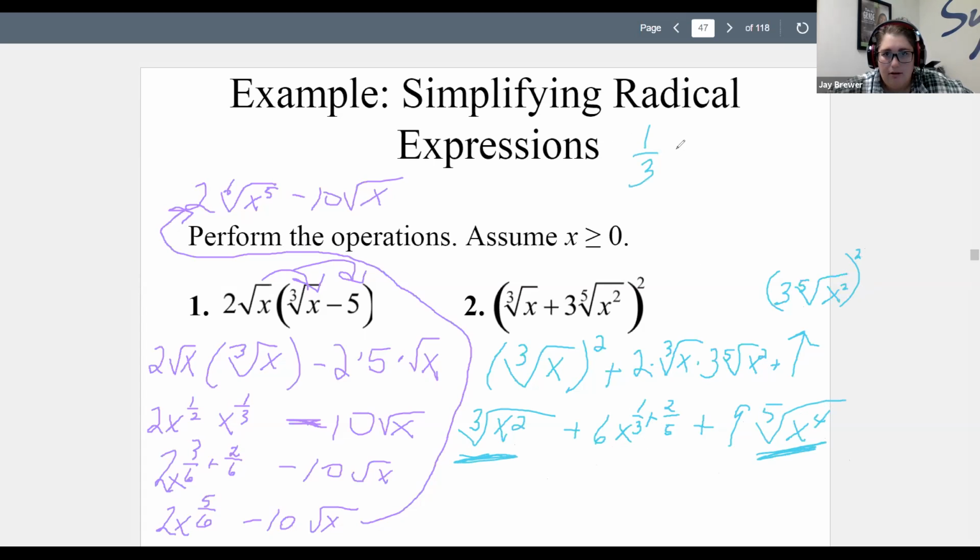So 1/3 plus 2/5. 3 and 5 will give us 15. So essentially, we're going to end up with 11/15, which means our index is going to be 15.